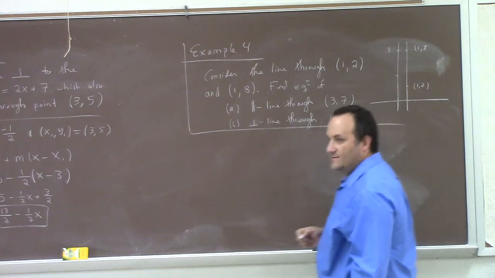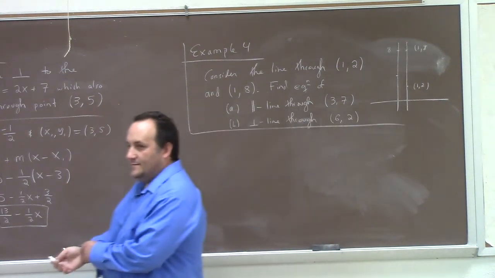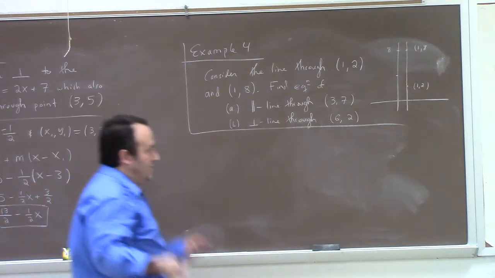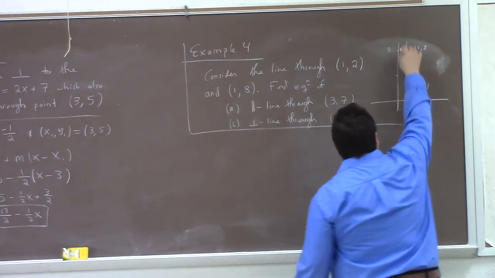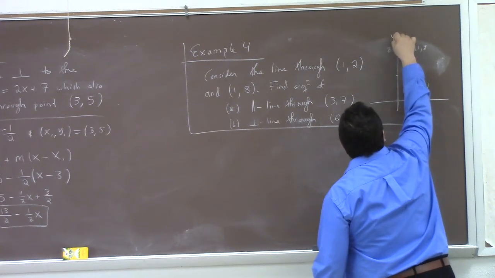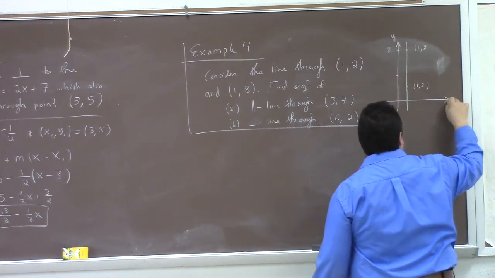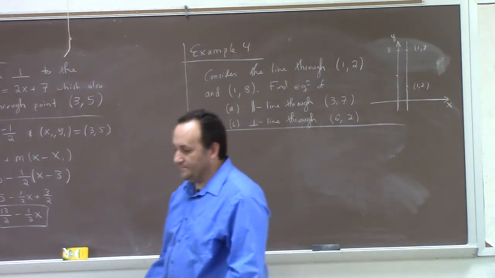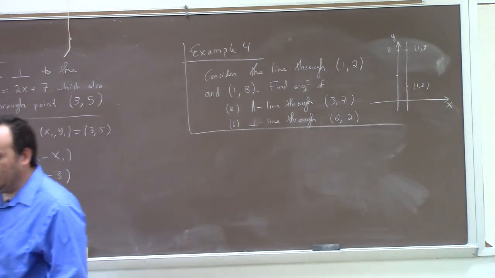What line is this? It's parallel to the y-axis, right? This is a vertical line. So this is that special case which defies most of our usual formulas, like the point-slope formula, the two-point formula, slope-intercept.